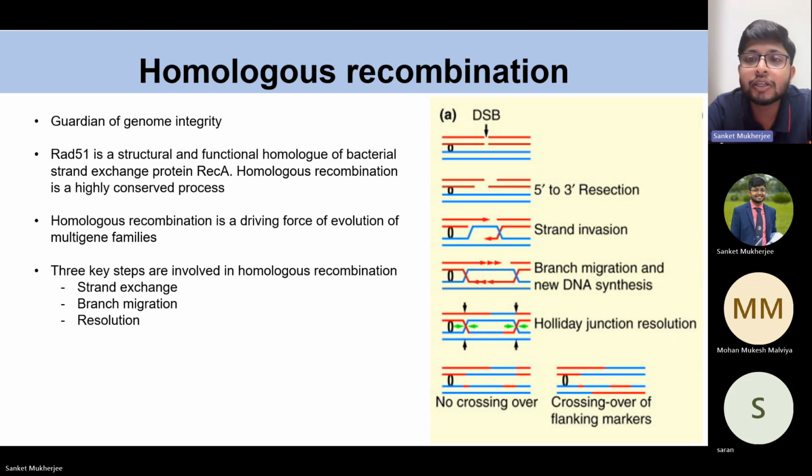To make sure that your genome is not damaged, homologous recombination is usually the preferred DNA repair machinery, and that is easy in our case specifically because we have two alleles for a particular gene. That makes it easier to find homologous chromosomes, homologous DNA that is not damaged.